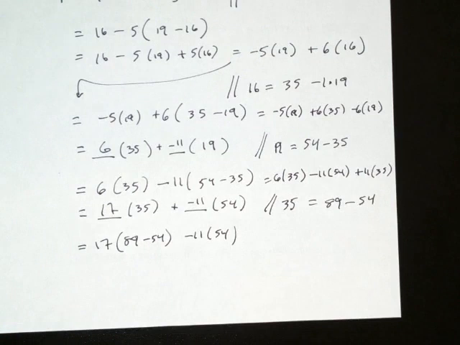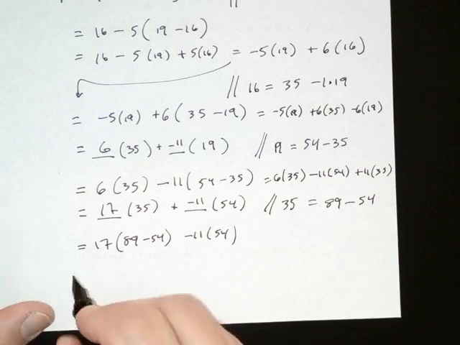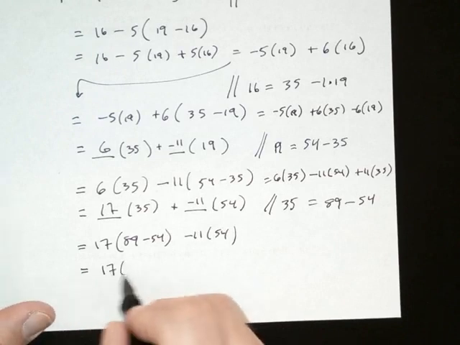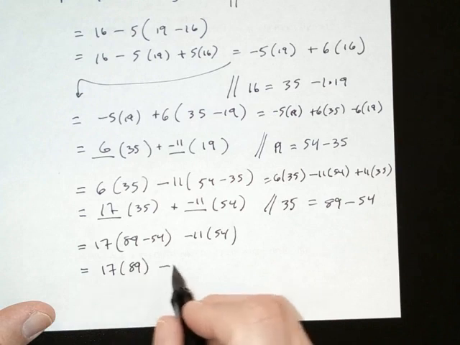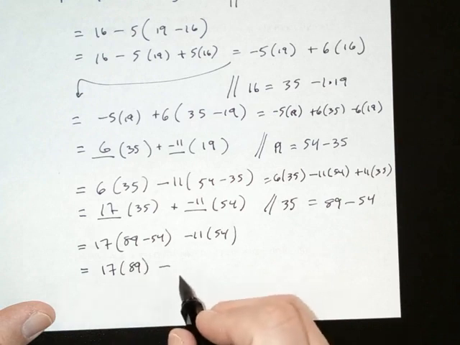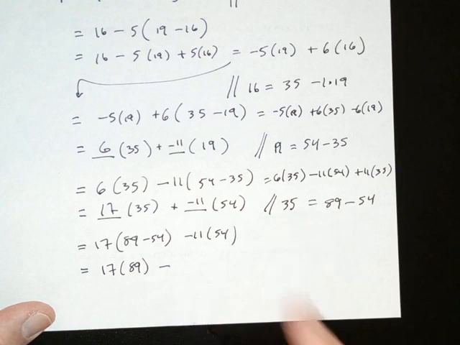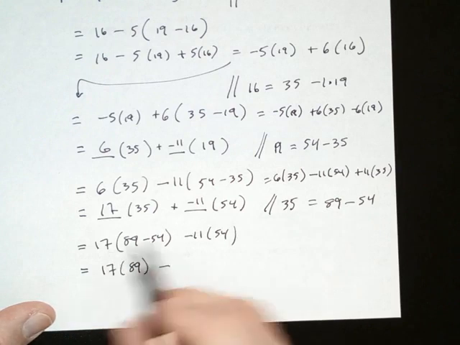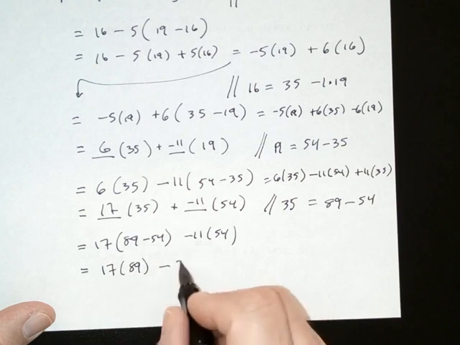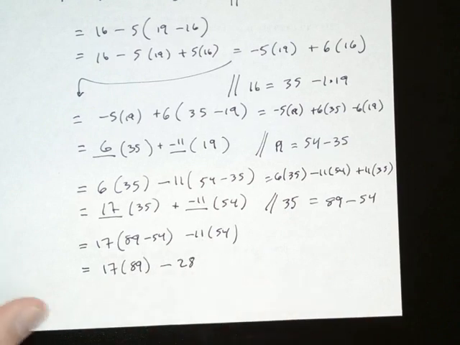How many 54s? Six. What was it? Minus. It'll be minus 17 minus 11. Okay. It'll be minus 28 of them.